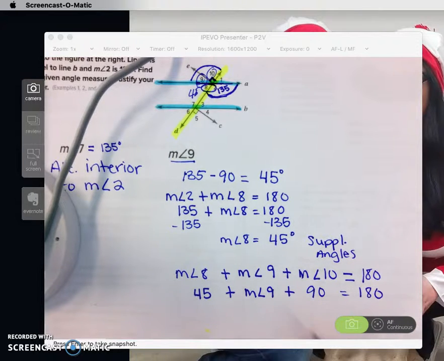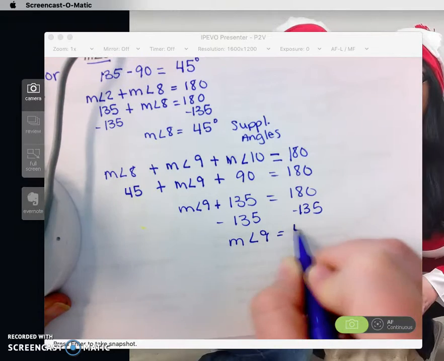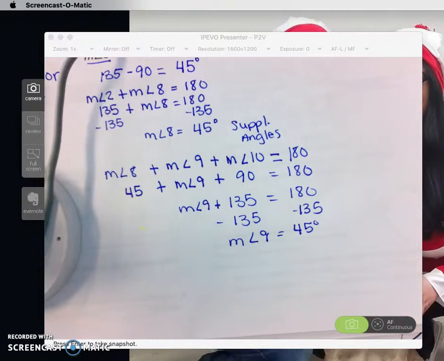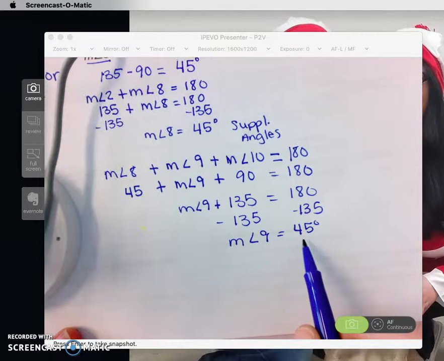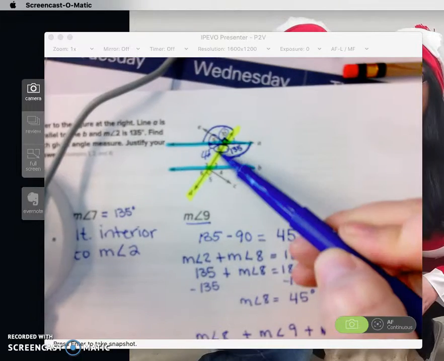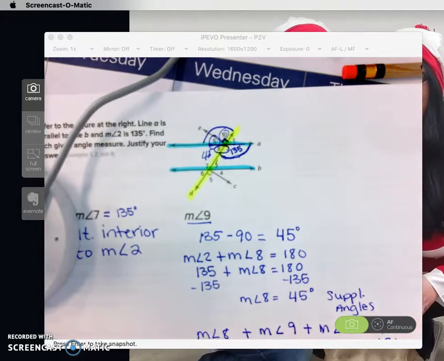Well, 45 plus 90 is 135 plus the measure of angle 9 equals 180. So I need to subtract that 135 from both sides. So the measure of angle 9 is equal to 45 degrees, because they are supplementary angles. So 8, 9, and 10 add up to the straight line of 180 degrees.